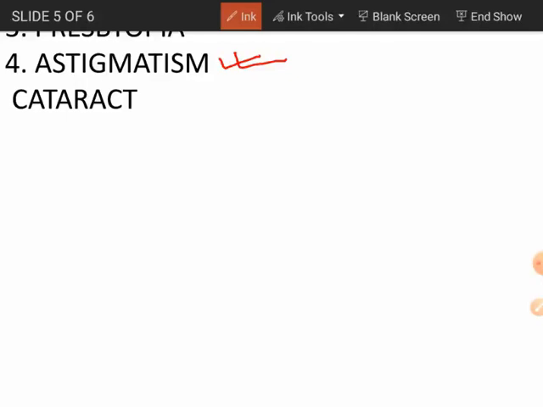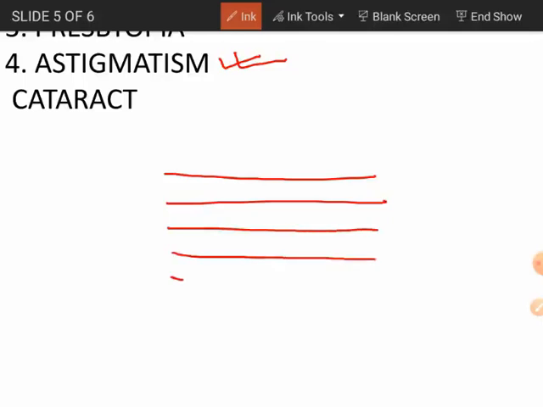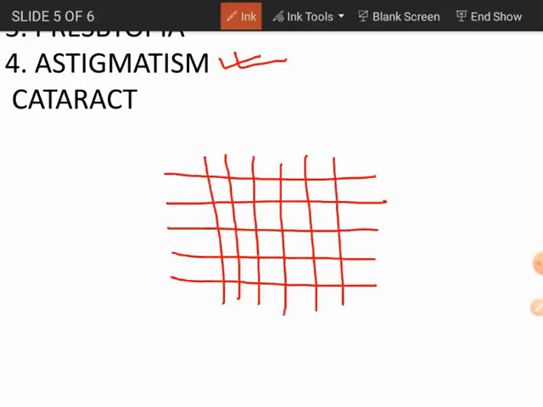For a person having astigmatism, suppose you have a mesh of wire like this, with horizontal lines and vertical lines. A normal person observing these lines will see the horizontal lines as horizontal and the vertical wires as vertical.